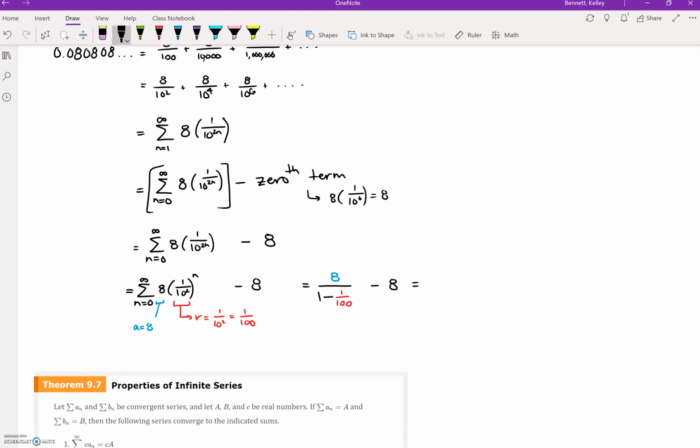So we're going to get 8 over 99 over 100, minus 8. Oh my goodness, so this is 800 over 99 minus, let's see, what's 8 times 99?